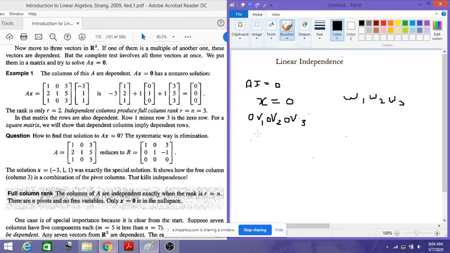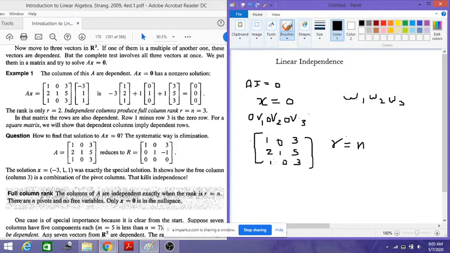In the last tutorial we took an example matrix with rows 1 0 3, 2 1 5, 1 0 3. Now we have to check whether it is independent or not. That depends on the rank of the matrix, which should be equal to n.